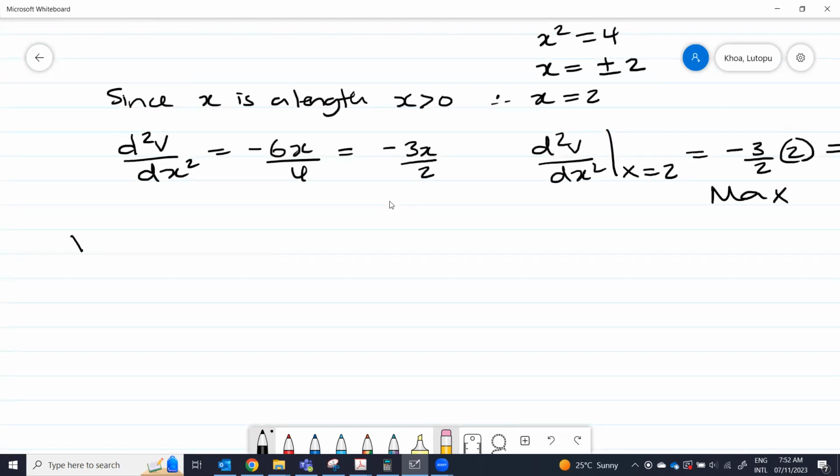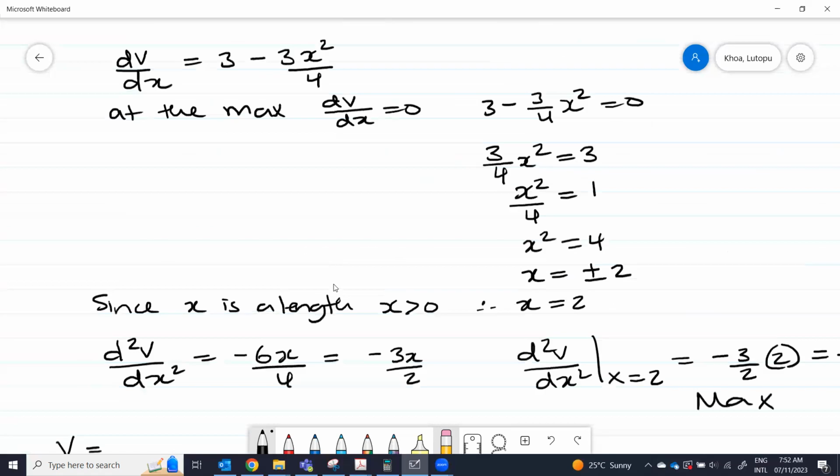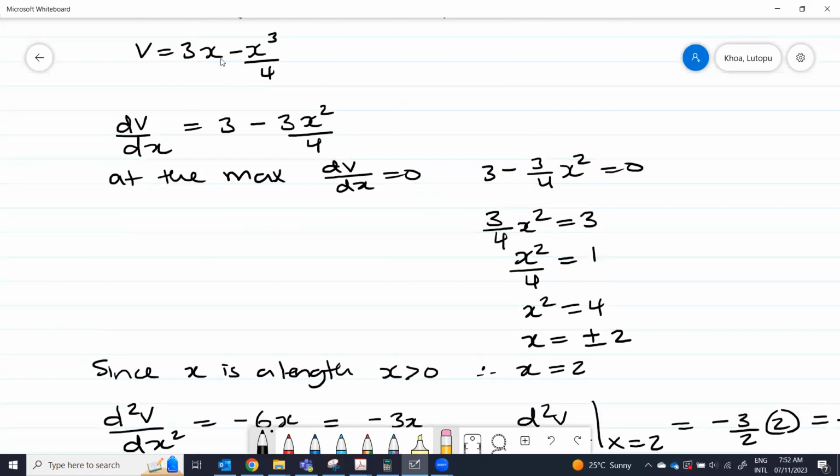So the formula for the volume, this is equal to, here it is when it was just in terms of x, 3x minus x cubed over 4.